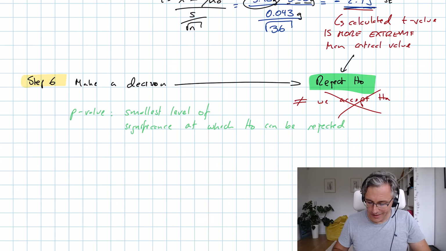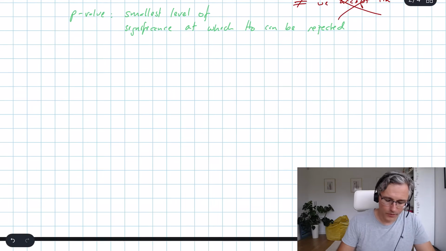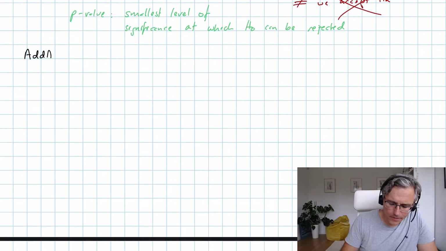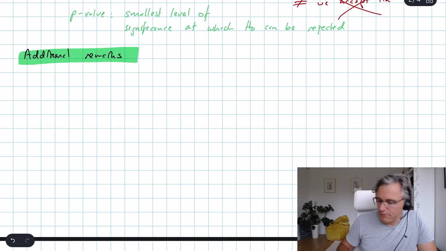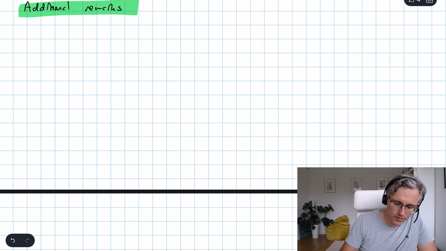Now, some additional remarks which I want to make, okay? Some of them are included in this reading, others are things I think you should know to help you along the way, especially when you're using the student's t distribution. So let's start with this.